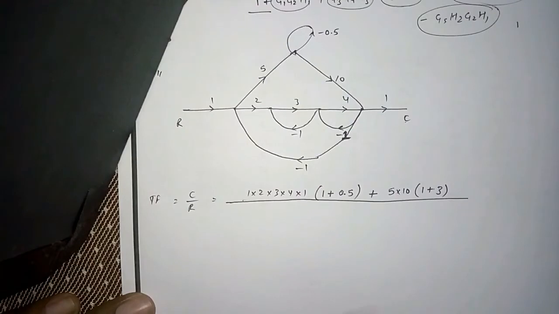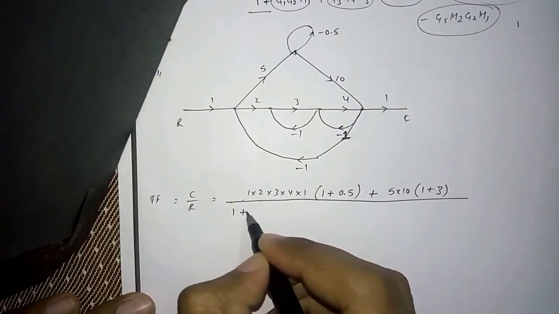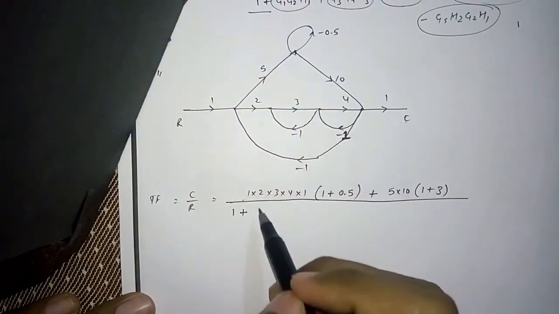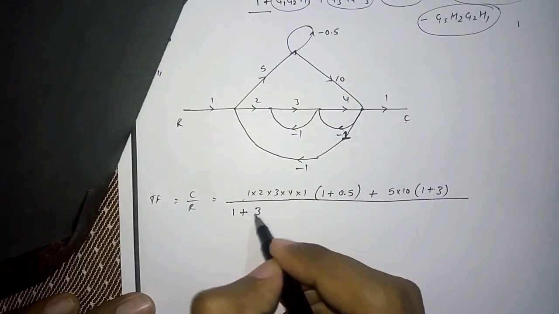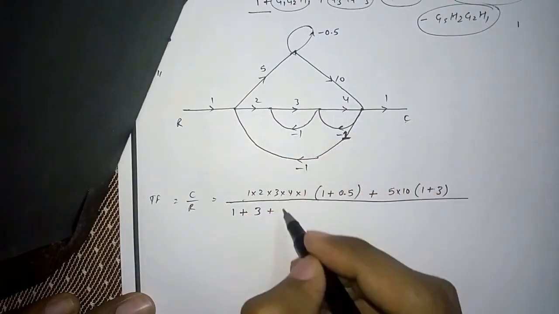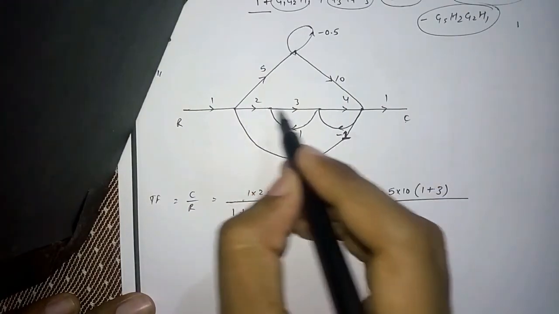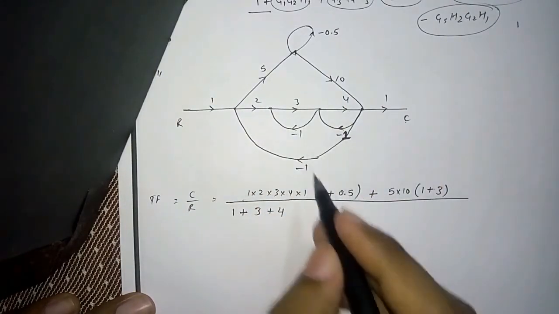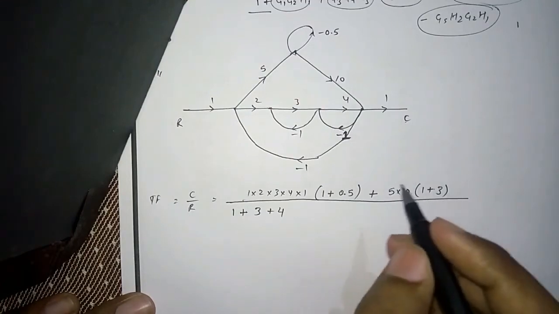Okay, now 1 plus all the single loops, we have 3 for this, 4 for this one, 2 3 4 into -1, we have to ignore the minus sign.